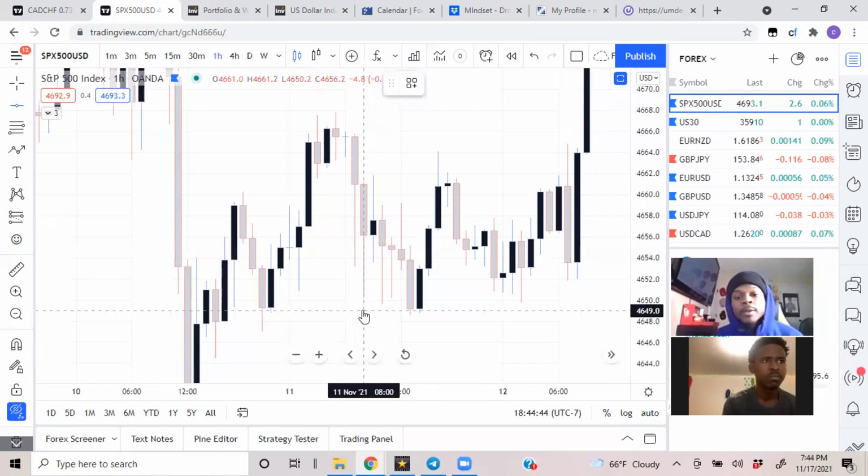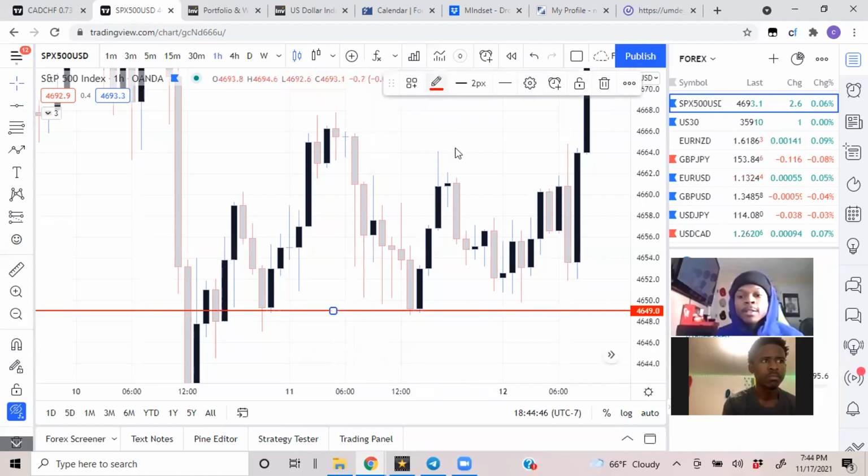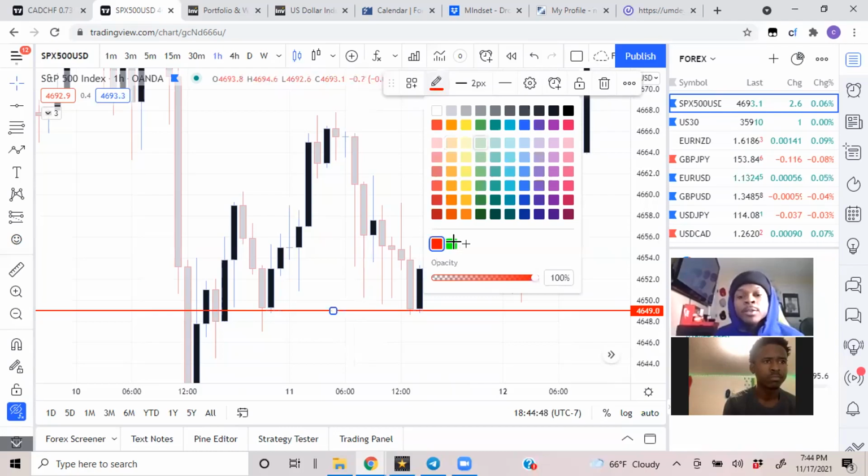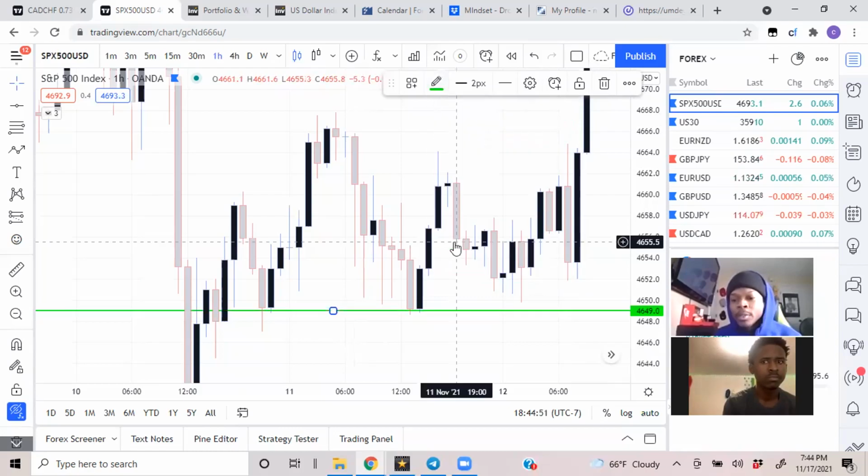So I'm gonna put a support for our floor, and the support colors are usually coordinated with green and blue in most scenarios, because your support, you want to use that for buys. So whenever you're looking at your support line, you want to see if it's giving you a buy confirmation in a way. Like you want to see if you could buy around that area.